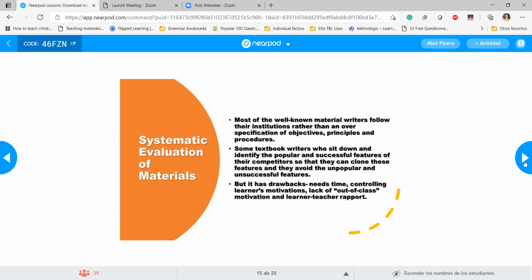And conversations that are not natural. But it's because these things are popular. So since everybody's doing it, most textbooks have these patterns. And so this is part of a process of evaluation that textbook writers do, right? In order to try to make their books very commercial.